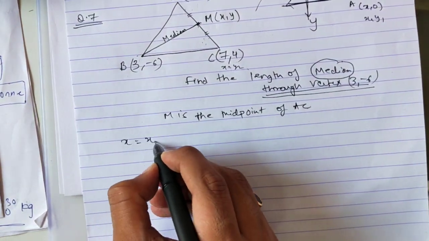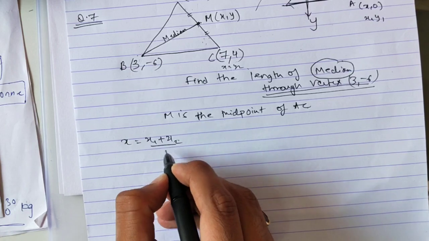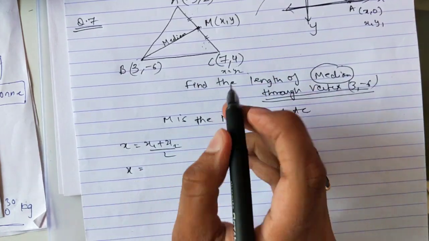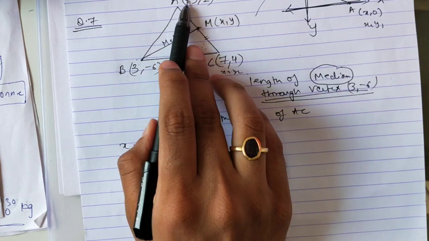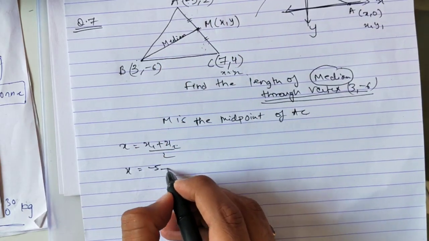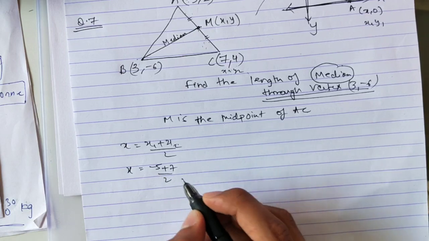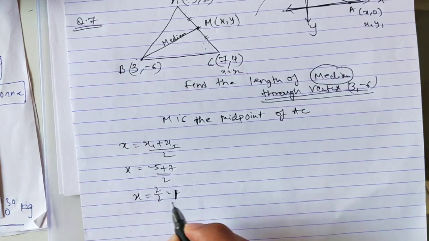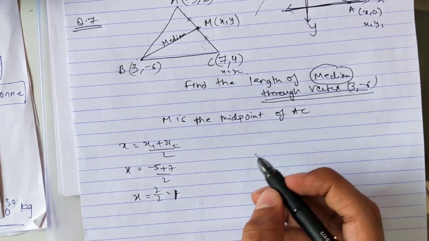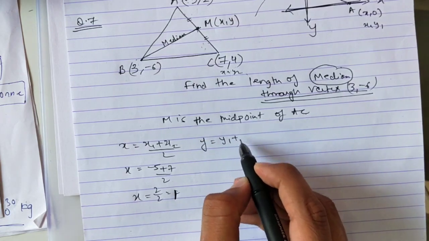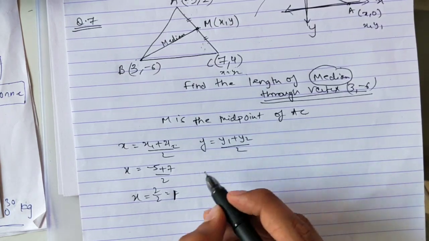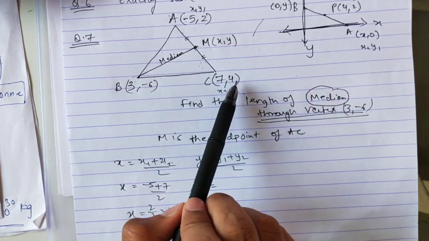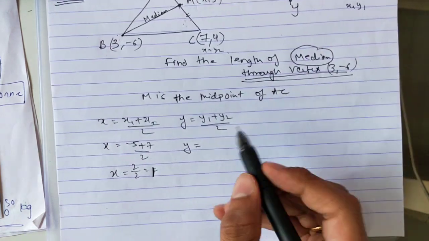So x is (x1 plus x2) upon 2. We don't know x. x1 and x2 are -5 and 7. So -5 plus 7 is 2, upon 2, that is 1. I got the value of x. y is (y1 plus y2) upon 2. y1 and y2 are 2 and 4.